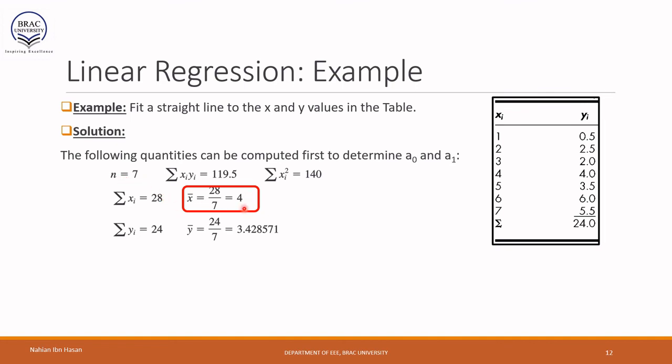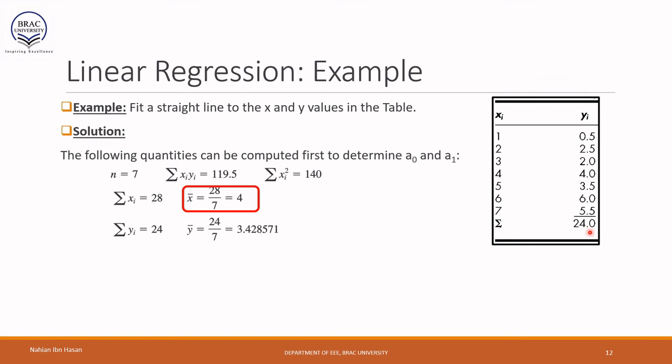So that makes this term 4. Then we need to determine y bar, but for that we need to determine the summation of yi. So y bar is the summation of yi divided by n, which is 24 divided by 7, which is 3.428571. So how do we calculate the summation over yi? We take the summation over all of these y terms, which makes this term 24.